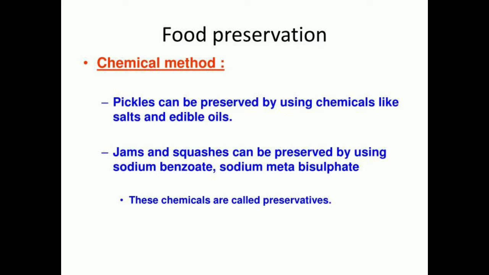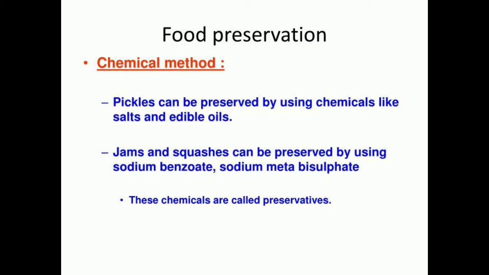Next we have jams and squashes, which can be preserved by adding chemicals like sodium benzoate, sodium metabisulfite, etc. These kinds of chemicals used for preserving food items are called preservatives.